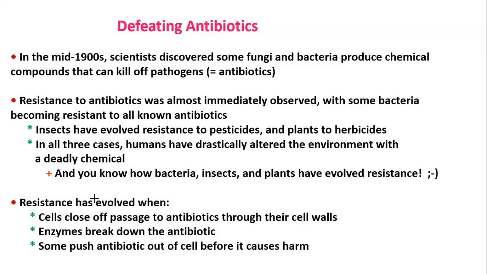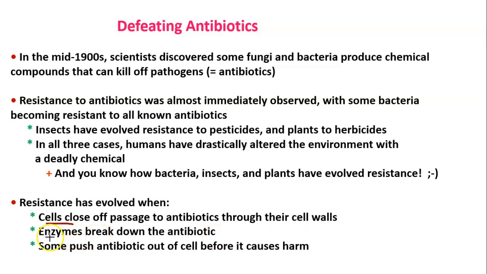Now, last point here: resistance to antibiotics has evolved under several different conditions. These are some of the ways that bacteria are able to fend off our antibiotics and survive the gauntlet of them. Number one, bacterial cells can close off the passage to antibiotics through their cell walls, essentially putting up a blockade so that these chemical compounds cannot get into them.